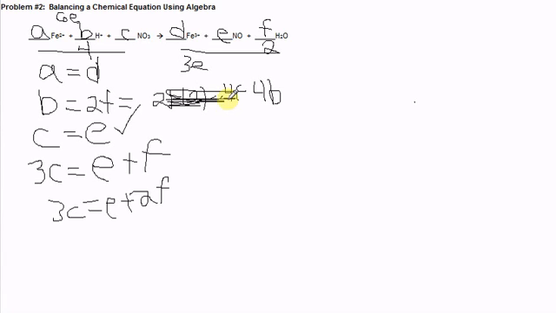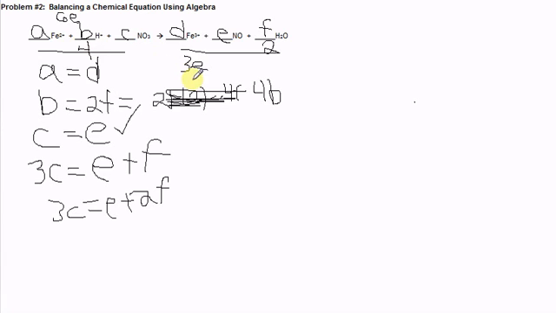Looking at this, we're trying to get a common denominator. We can see that for the Fe's, over here we have 3, and we have 6 over here. The common denominator between 6 and 3 would be 6, but that wouldn't work, because we would have to do the next common denominator, which would be 12.